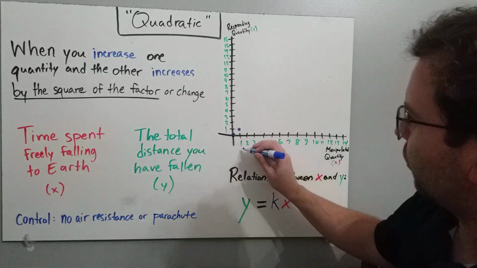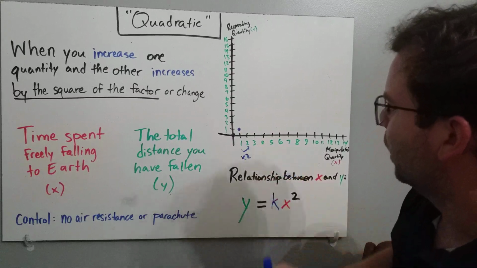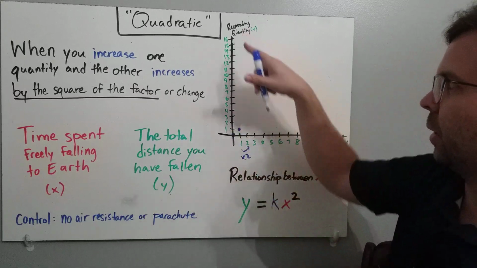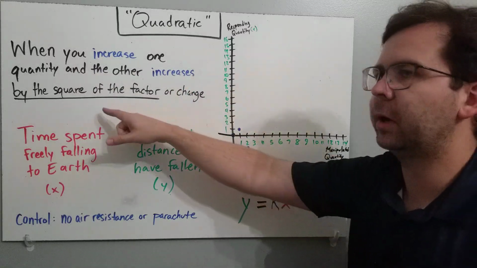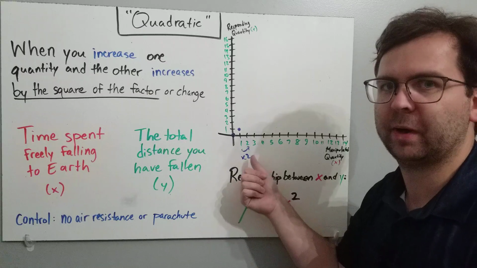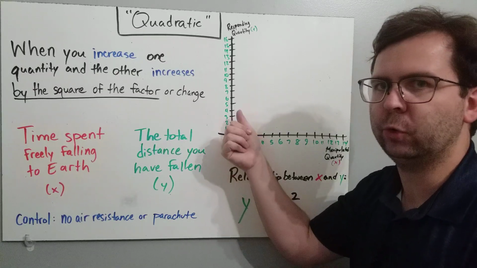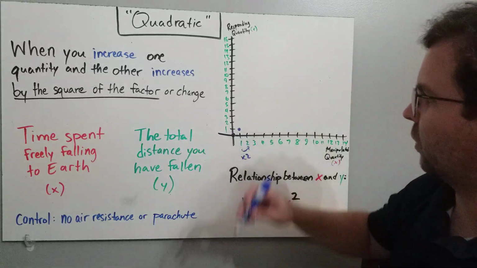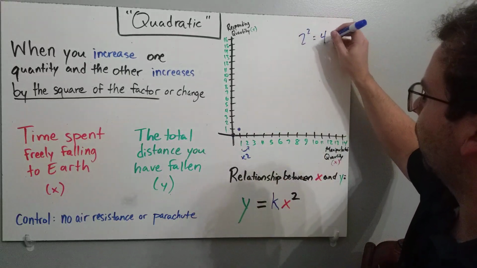If we double the amount of time, for example, times 2 here, how does that affect the responding quantity? Well, the responding quantity is also going to increase, but it's going to increase by the square of that change that we just made, by the factor. So instead of increasing by a factor of 2, it's going to increase by a factor of 2 squared, and 2 squared equals 4.